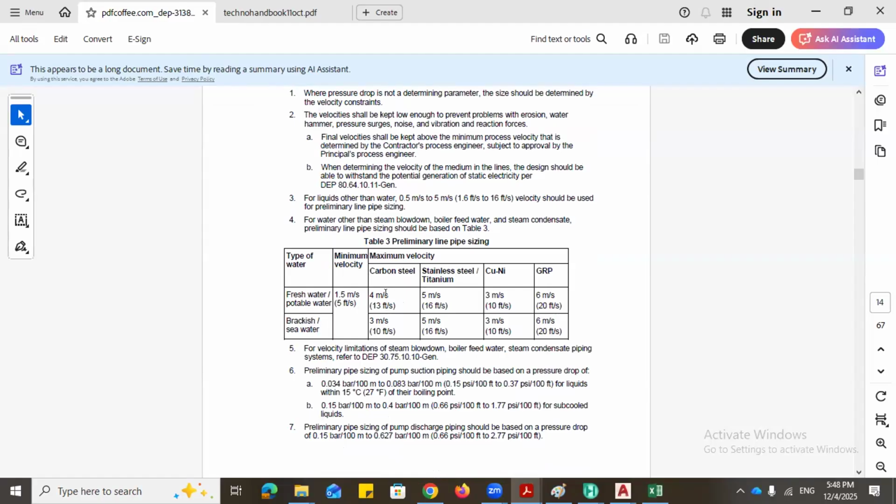So this is where mechanical engineers will come with the process engineers to discuss, as per standard, what kind of material we should be using, putting corrosion and other factors into place. We should be using carbon steel, stainless steel, GRP, or copper nickel, right? So this is where mechanical engineers will come and discuss with you.